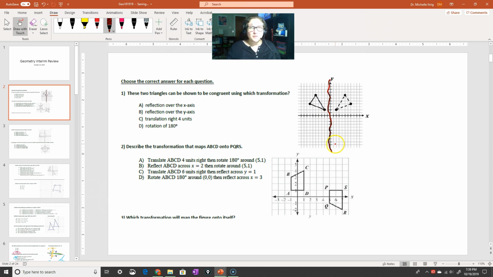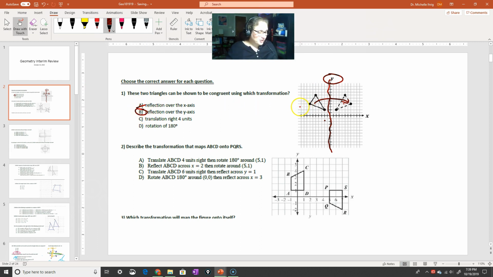If it was a reflection over the x-axis, that means it would flip down, and it would be like this. And it's not like that, so it's not going to be choice 1. Reflection over the y-axis, that actually is what happened. It flipped from here to here over the y-axis. We know it's the y-axis because it's labeled by the letter y. So that is the correct answer.